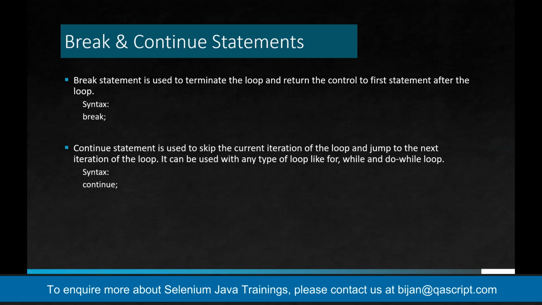So if there is any situation where, if this particular condition occurs, you don't want to continue the current iteration, you want to just skip it and jump to the next iteration, in that case, you can use continue.